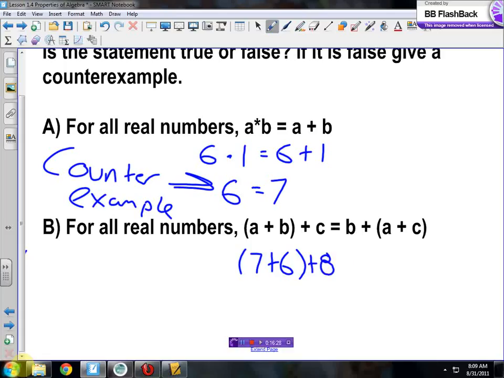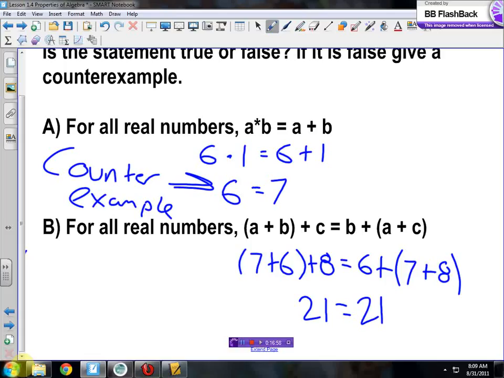Well, we only need 3 of them. And then B was 6 plus parentheses, A was 7 plus C was 8. All right. So over here, 7 plus 6 is 13 plus 8. Over here, 7 plus 8 is 15 plus 6. Well, that wasn't a counterexample. That was one of the ones that's true.